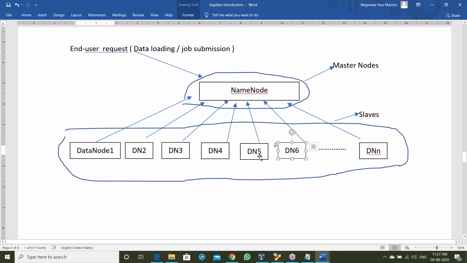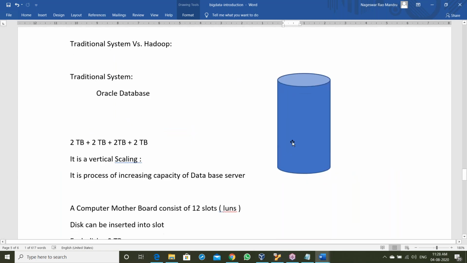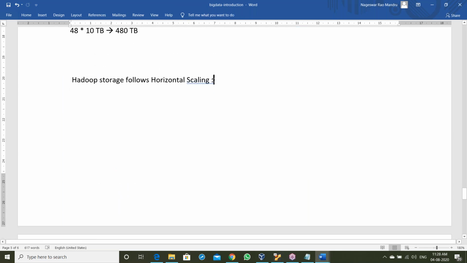If you increase the number of servers, that is called horizontal scaling. When increasing the volume of one server, that is called vertical scaling. Adding multiple servers is horizontal scaling. That is Hadoop, right?